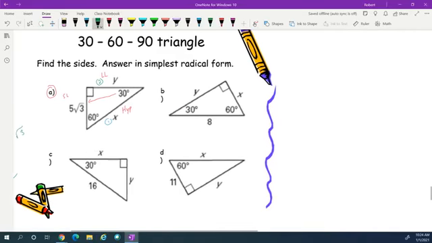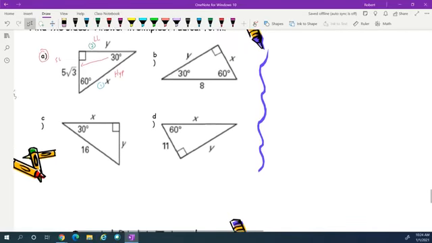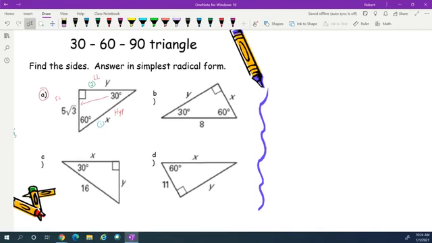Let's take a look at another example here. Let's do question B. Again, identify the parts that we're working with. We have the hypotenuse, from the 30 is the short leg, and that makes this the long leg. So I have the hypotenuse.